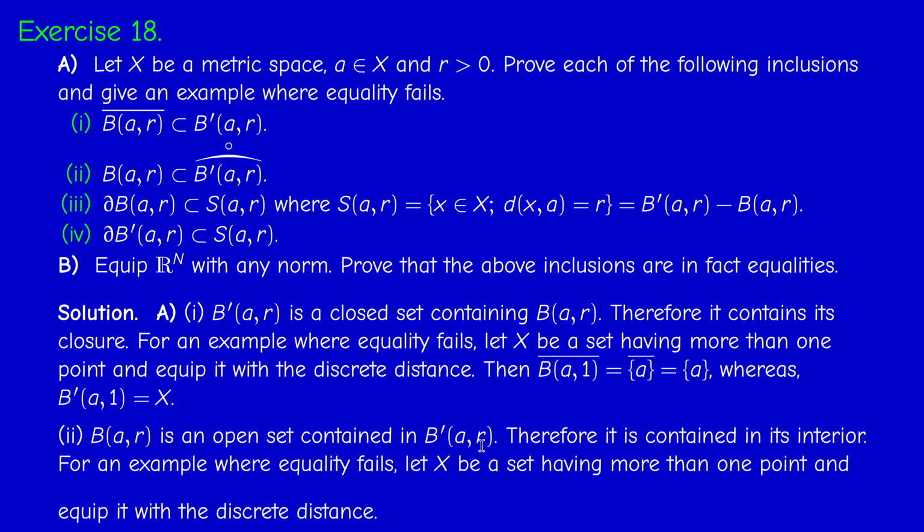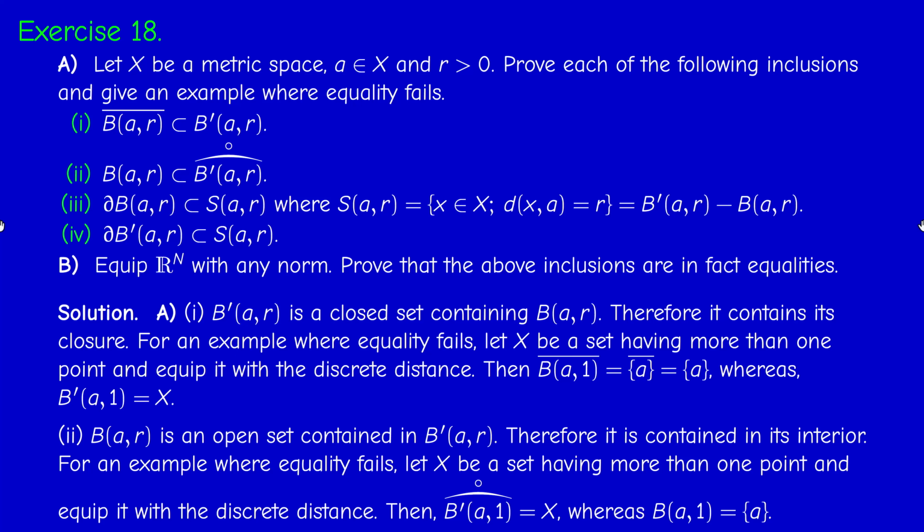And counterexample, same thing, take the discrete set. The closed ball of center A and radius 1 is the whole space, therefore its interior is the interior of the space, which is the space itself, because any space is open in itself. Whereas the open ball of center A and radius 1 is just the center. So we don't have equality if the space has more than 1 point.